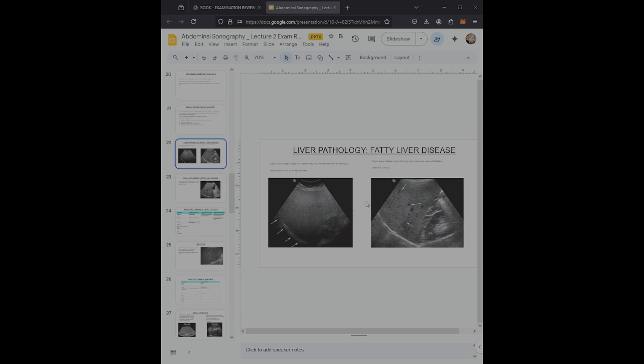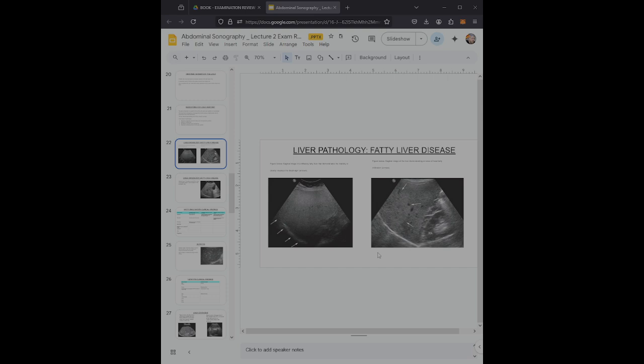The fatty liver can be described as mild, moderate, or severe based on its sonographic visualization, and the criteria we use is visualization of the hepatic vasculature as well as the diaphragm.